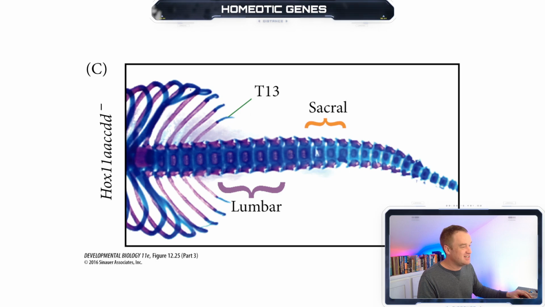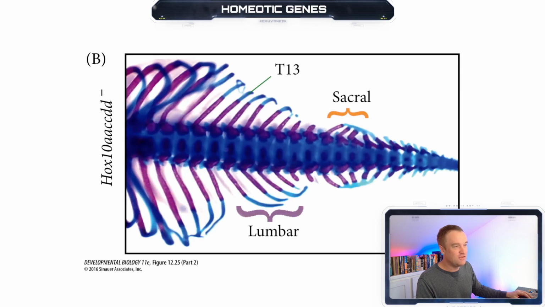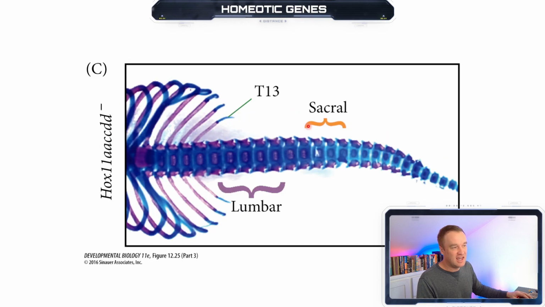It's kind of hard to see the difference. You can see they have this kind of protrusion on the lateral sides of the vertebrae. If you knock them out, then that disappears and they look more like the lumbar.